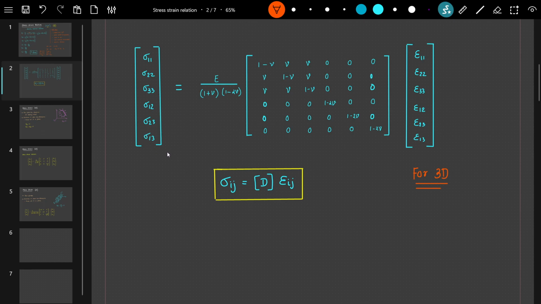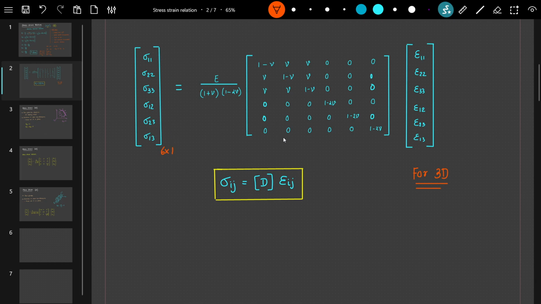Note that stress and strain are matrices. Till now we have referred to stress matrix and strain matrix, or stress tensor and strain tensor. But for computations in a computer, the vector representation of stresses and strain components is more convenient, and that is the reason we are representing it in the form of vectors. So this is 6 by 1.